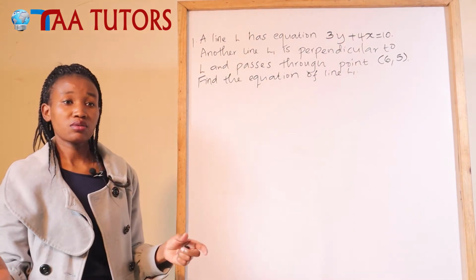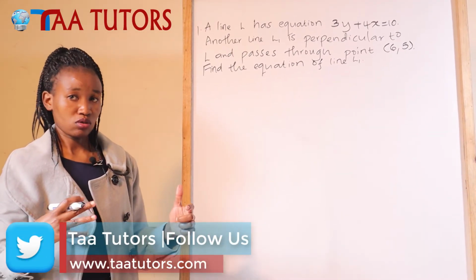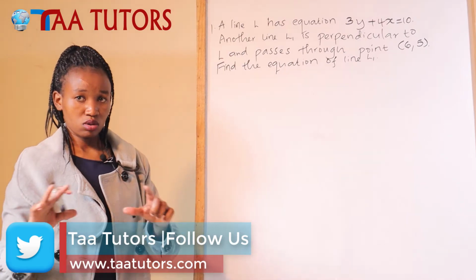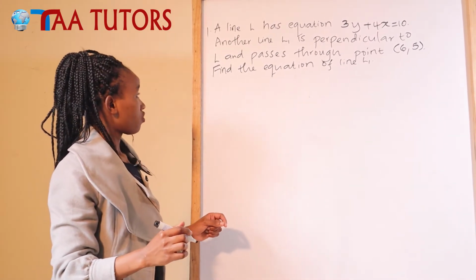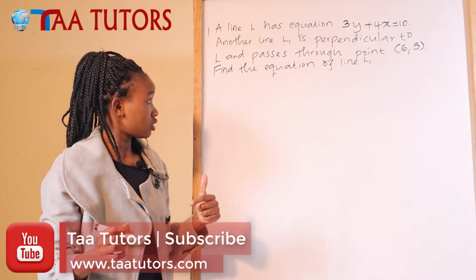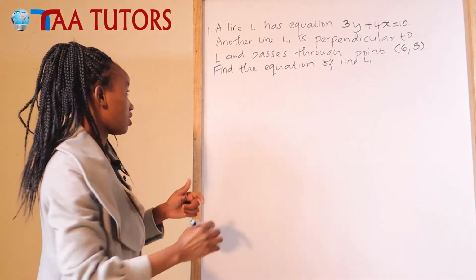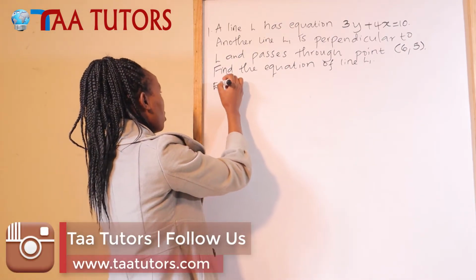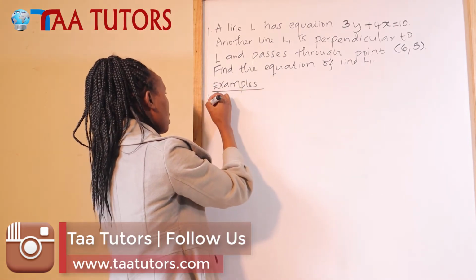In other words, sometimes they combine the concepts and set one question containing both parallel lines and perpendicular lines. So I'm going to look at an example that deals with that. I'm going to do it, and then I'll give you another question. You try it later. So example, let us look at one question that combines everything.